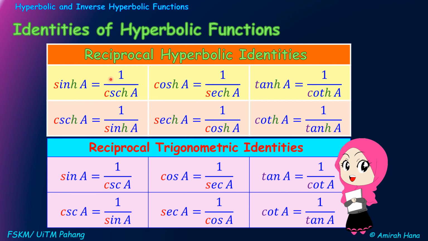Sinh A equals 1 over cosech A. Cosech A equals 1 over sinh A. Cosh A equals 1 over sech A. Sech A equals 1 over cosh A. Tanh A equals 1 over coth A. And coth A equals 1 over tanh A. This is reciprocal hyperbolic identities, and this is reciprocal trigonometric identities. Alright?